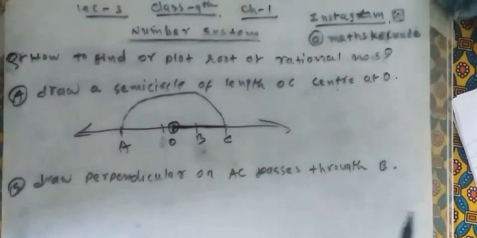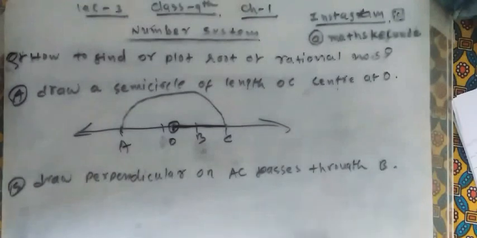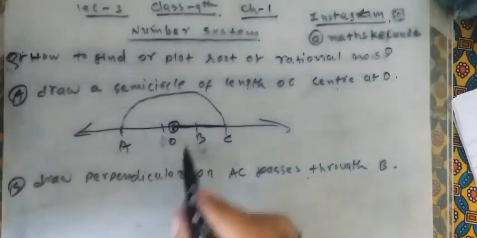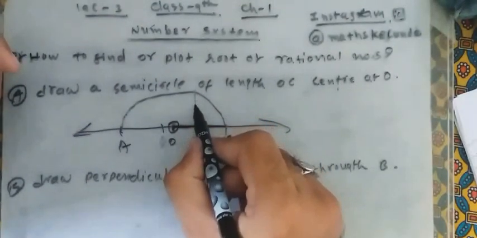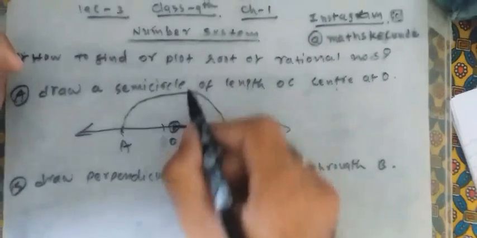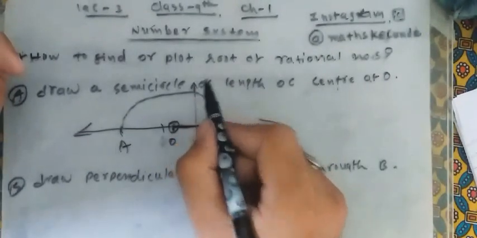And now the fifth point says draw a perpendicular on AC that passes through B. We have to draw a perpendicular which passes through B. So here we have the perpendicular.